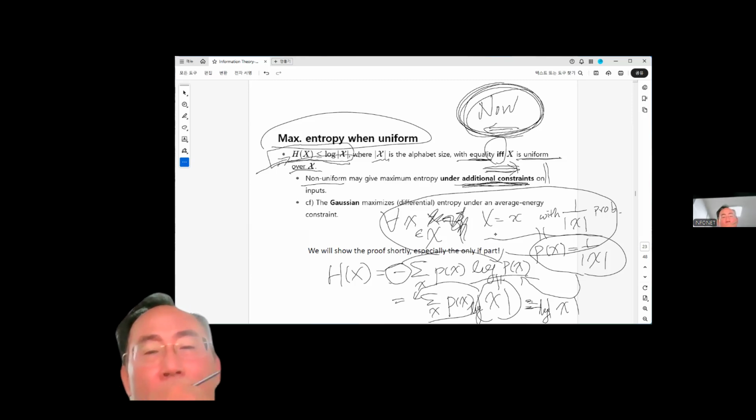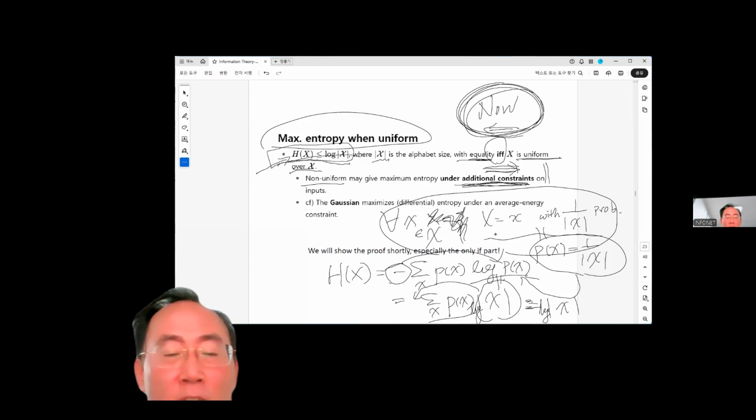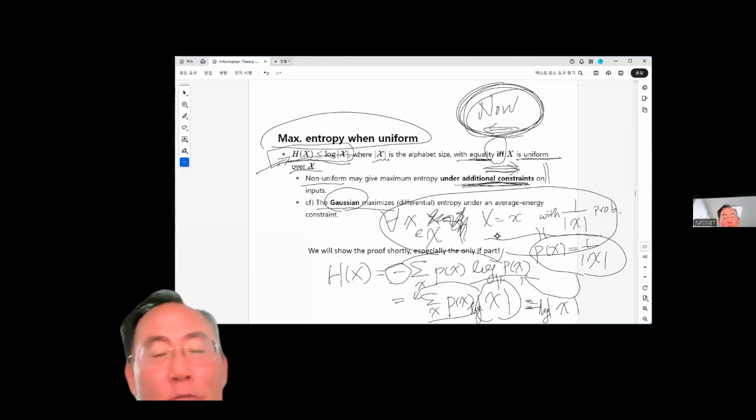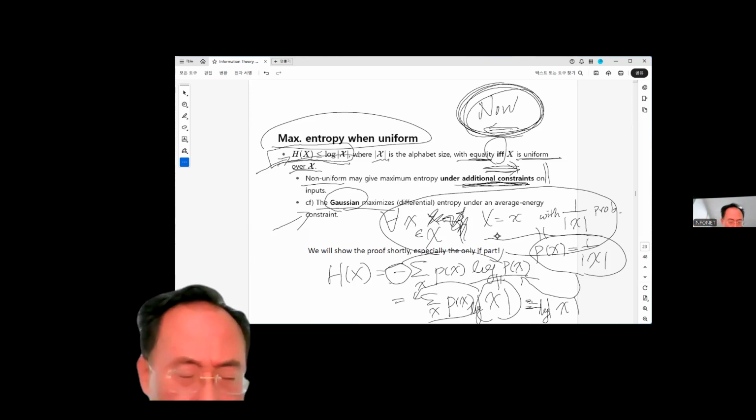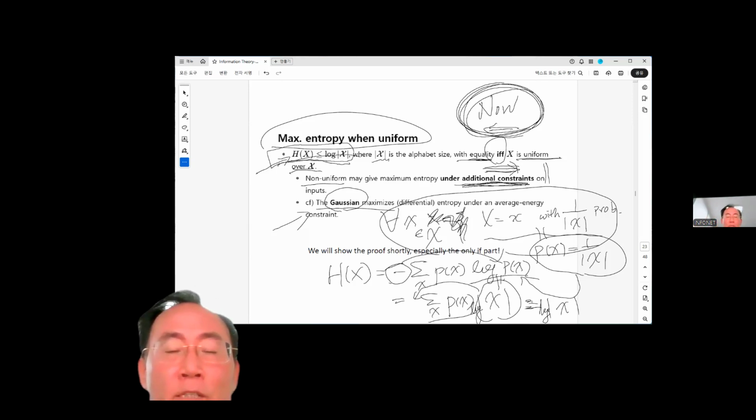Well, what type of random variable will maximize the entropy? In such a case, the answer becomes Gaussian. Okay? We will talk about this later on in the second half of the class. So in that case, Gaussian maximizes.